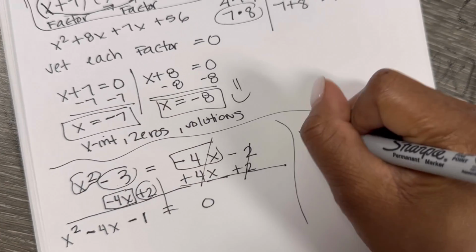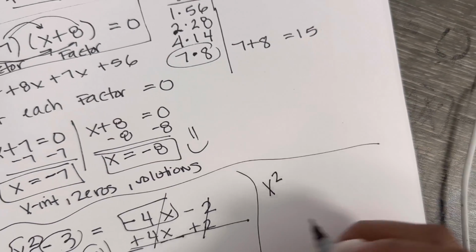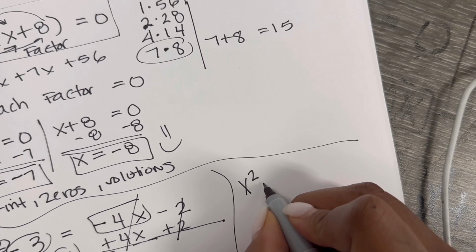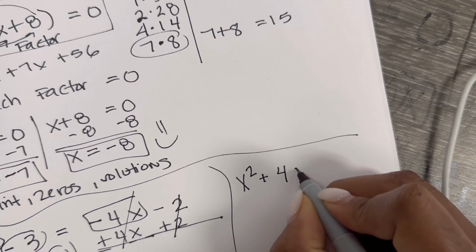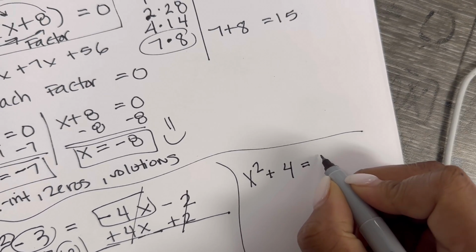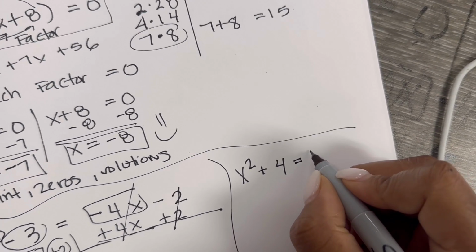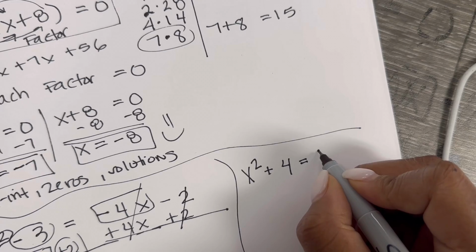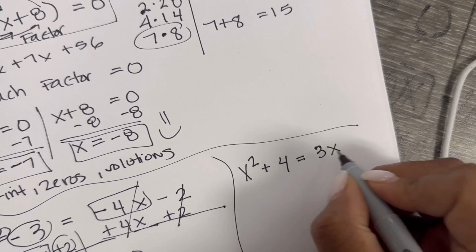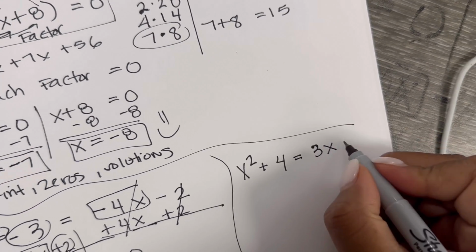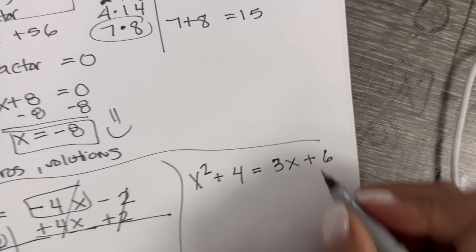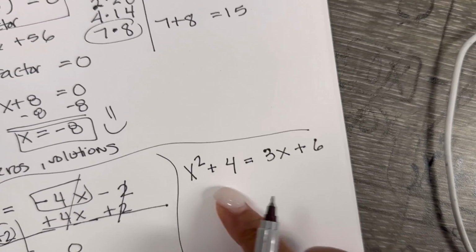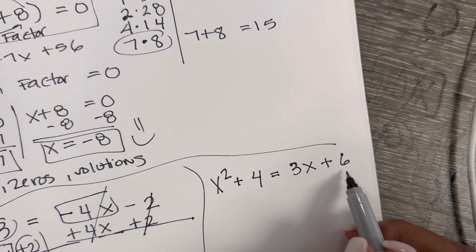Let's do another one. X squared plus 4 equals, I'm just making up something, it doesn't really matter, 3x plus 6, right? This equation's not where it's equal to 0.